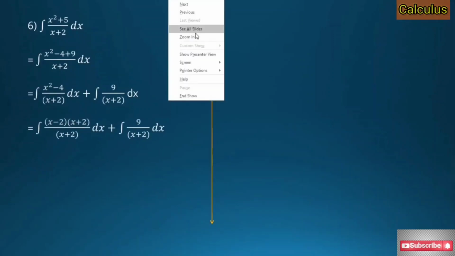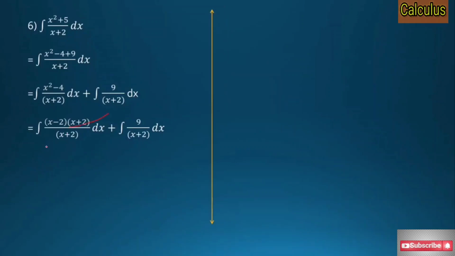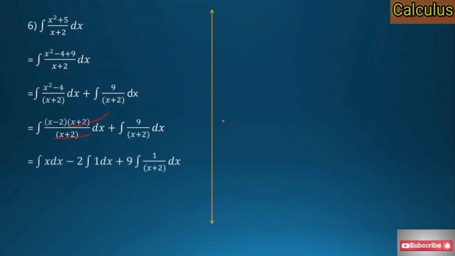Then you can write a square minus b square equals a plus b times a minus b, then this and this you can cancel out. That becomes integration of x dx minus 2 integration of 1 dx plus 9 integration of 1 by x plus 2 dx.